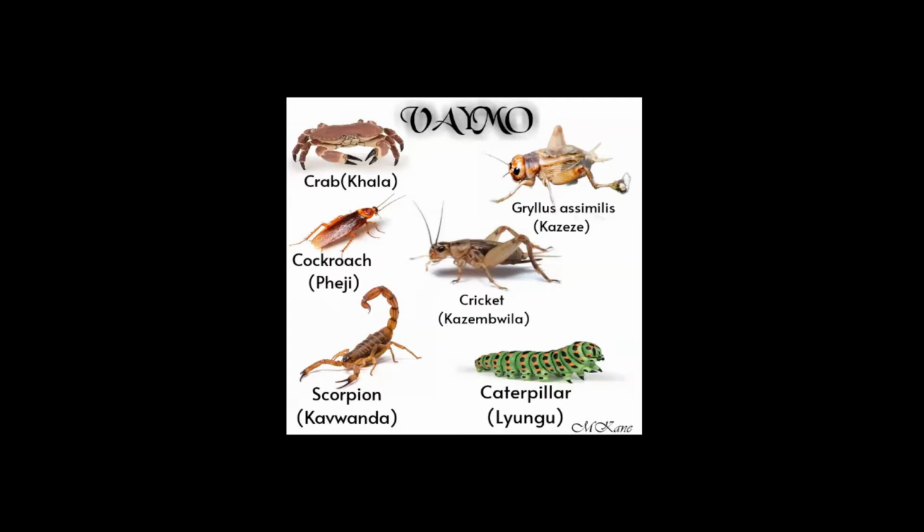So cricket is kazembwila. Kazembwila is not eaten, but kazeze people do eat. Then caterpillar is lyungu.